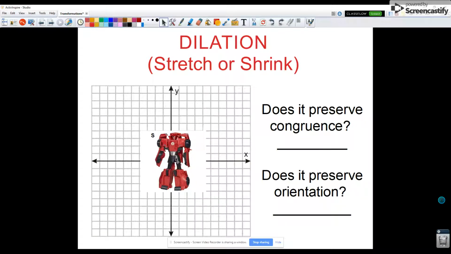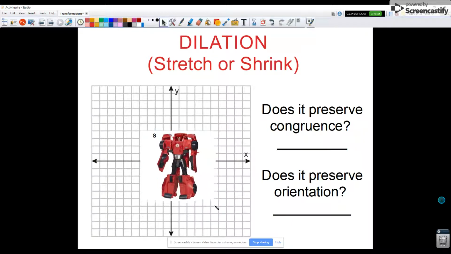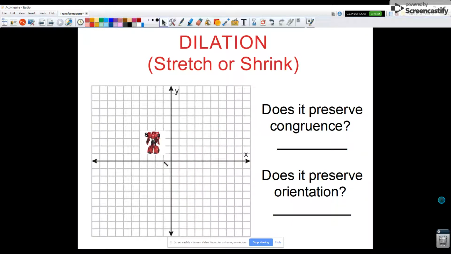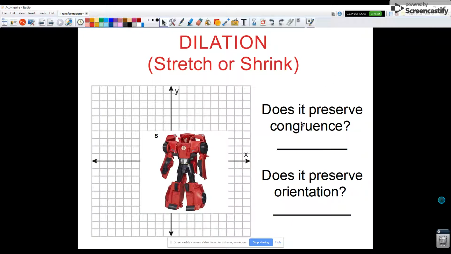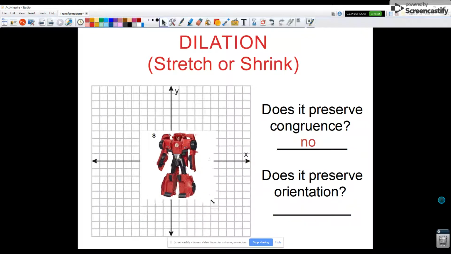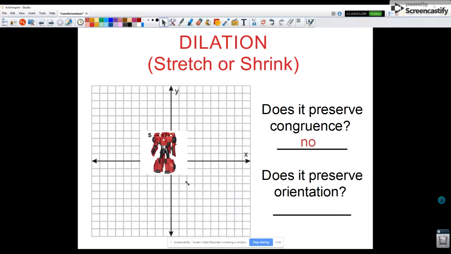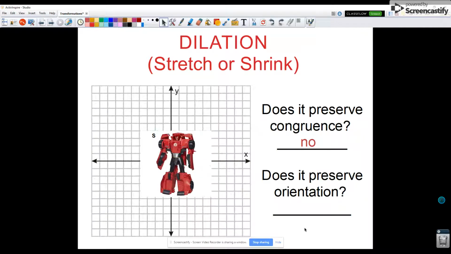Well, in this situation, the size going from large to small, does it preserve congruence? No, it does not, because size did change. However, does Sideswipe preserve orientation? Well, when I shrink and stretch him, he's still facing to the left. So therefore, yes, he does preserve orientation.